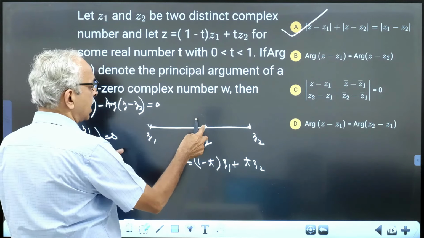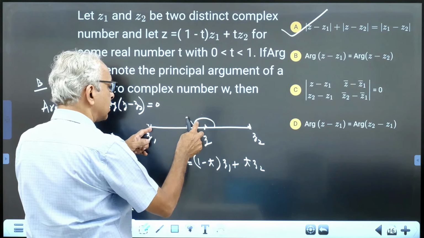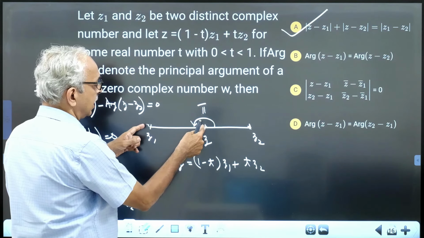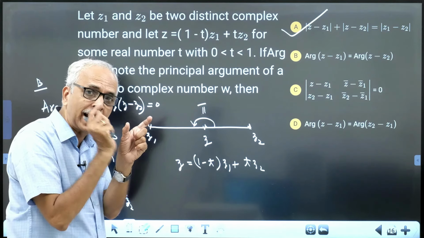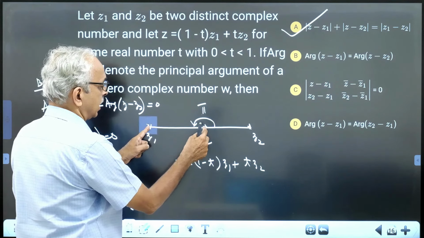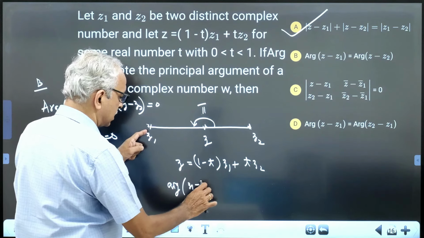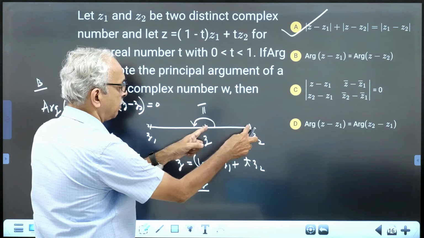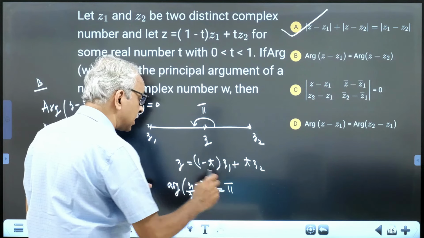If Z is taken as the hinge, what is this angle? 180 degrees or pi. Taking this as the hinge, the difference of the complex numbers where the arrow ends is Z1 minus Z, and the arrow starting point gives Z2 minus Z. The angle is actually not 0, it is pi.